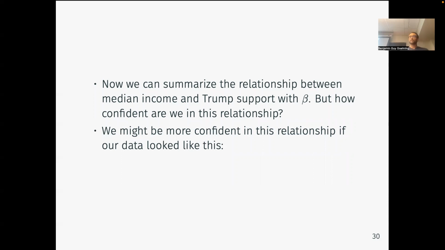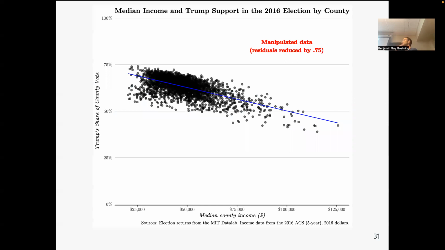I really like this plot. This is completely fake data that you should never, ever do this. But let's imagine this was the relationship between county income and Trump's share of the vote. All I've done is I've taken those green lines, those residuals, and I've shrunk them. Okay?